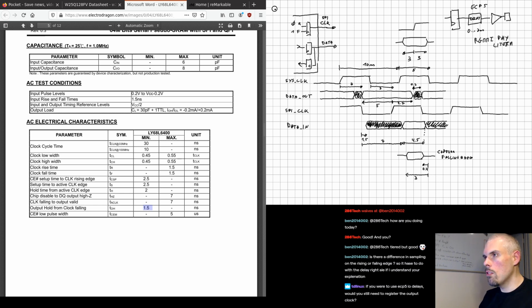Like to input a clock from the outside to the FPGA, Diamond will actually refuse your design if you're not using a dedicated input clock pad, like a clock pad that's been designated as a global clock input.